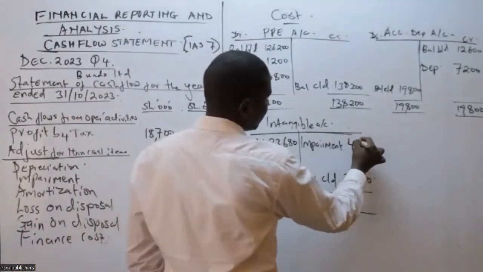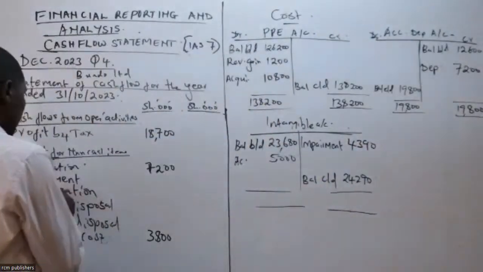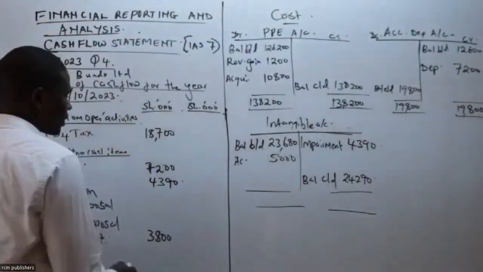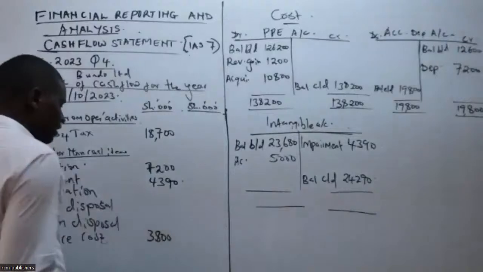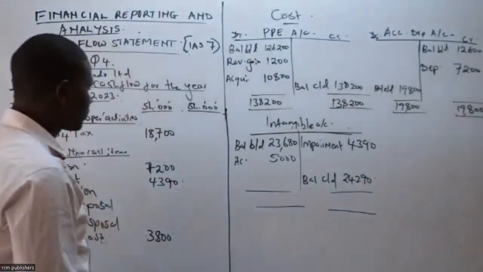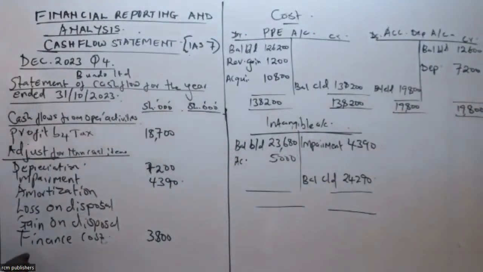So this gives me the impairment. The impairment is 4,390. Remember, impairment is subtracted, and therefore we shall be adding it back to our profit before tax. And then we go to the changes in working capital.